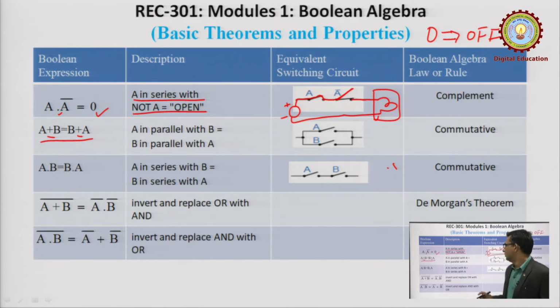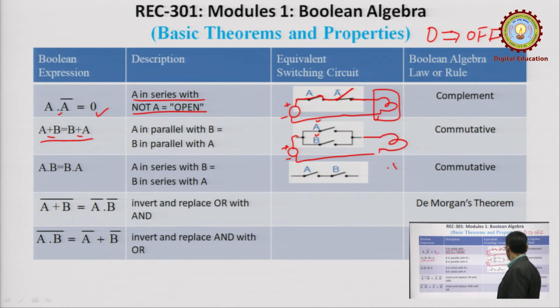So we have used two switches connected in parallel, one switch A and the second switch B. This is the appliance, the load.